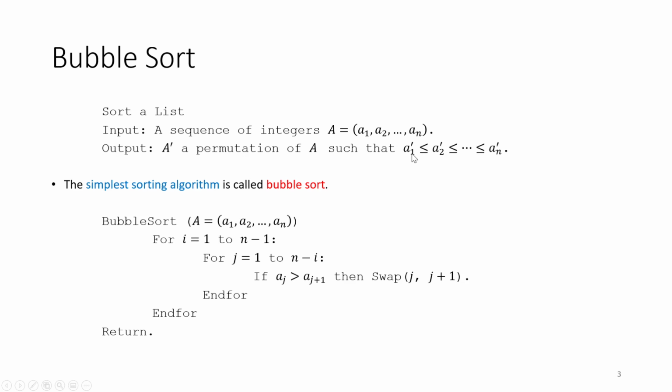The lesser indexed item should be less than or equal to the higher indexed item. But here I'm saying if the lesser indexed item is greater than the higher indexed item, that means they're out of order. So this is basically saying if we're out of order, swap them, put them in order.